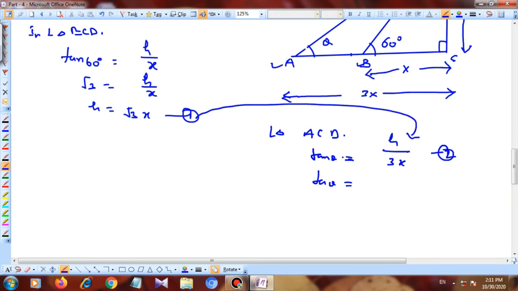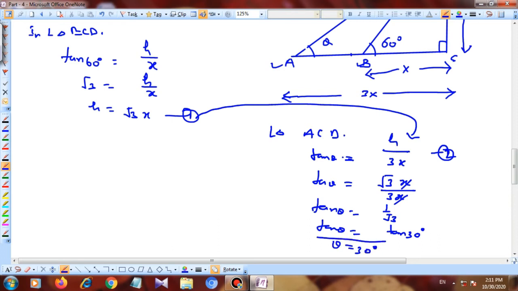So put here. Then you will get root 3x upon 3x. X cancel. So value of tan theta is 1 by root 3. Tan theta equal to 1 by root 3 is value of tan 30, right? It means theta equal to 30 degree, which is our required answer.